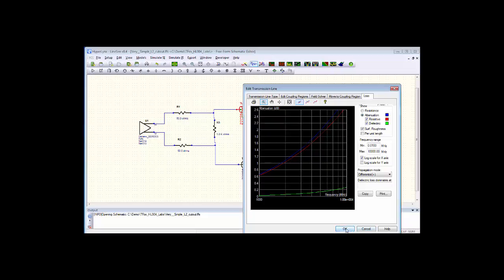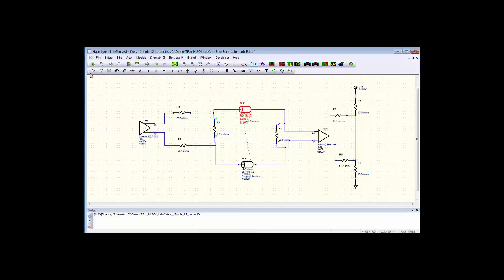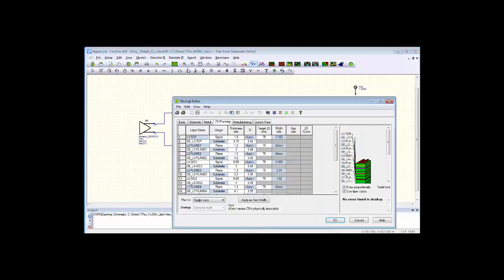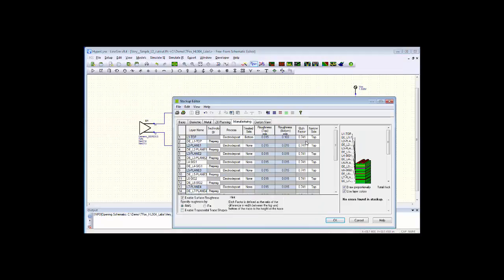The place where that comes into play is if we go into the setup, stack-up editor, manufacturing. These are your roughness numbers that you put in, and you can specify all of that. Go to Mentor's help files on this, and you'll see how to do this.